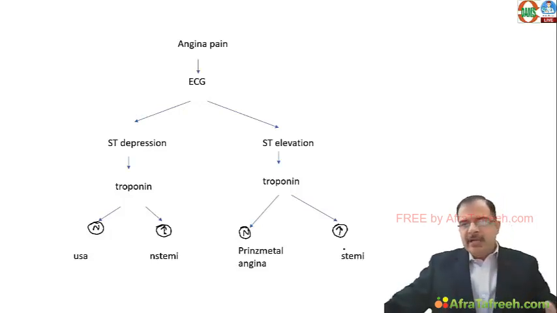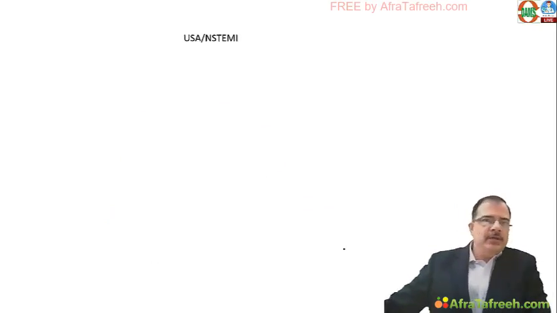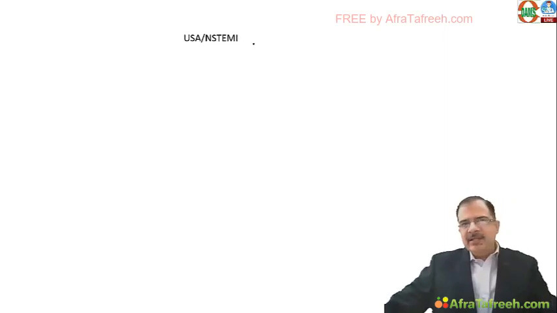Because the treatment depends on what exactly the diagnosis is. So if it is a case of unstable angina or non-ST elevation MI, indeed 2 questions came last year on this topic, especially the treatment of unstable angina and non-ST elevation MI.